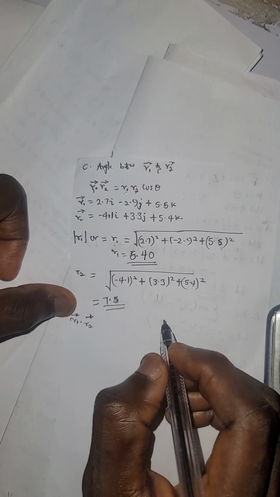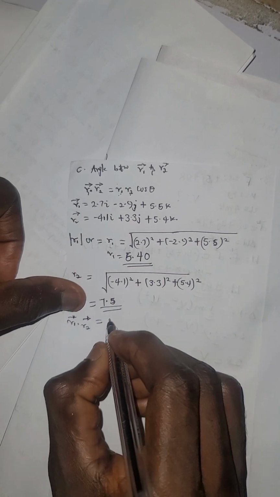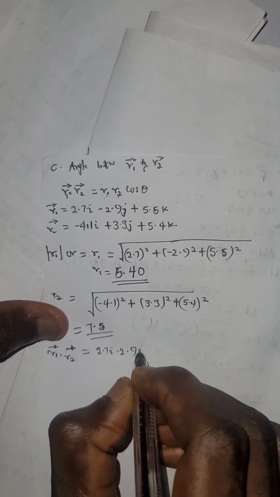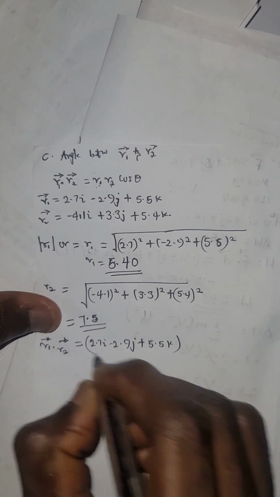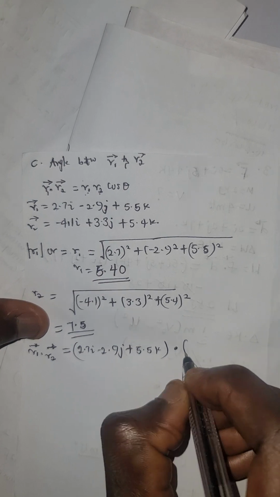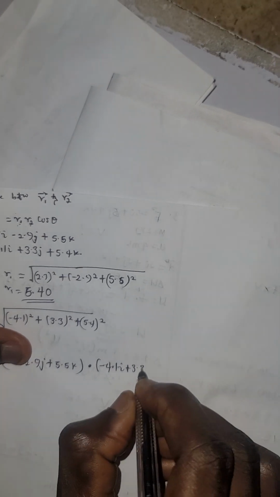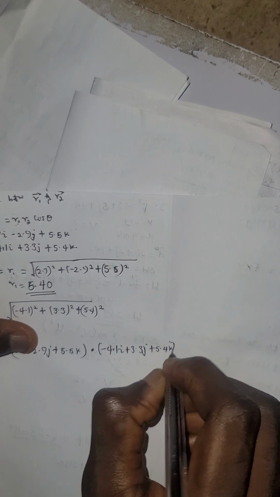And this one is vector R1 dot vector R2, the dot product. So we have 2.7i minus 2.9j plus 5.5k dot R2, minus 4.1i plus 3.3j plus 5.4k.